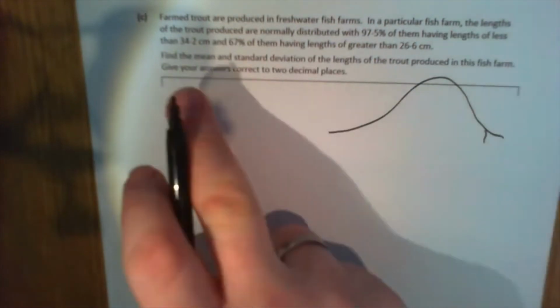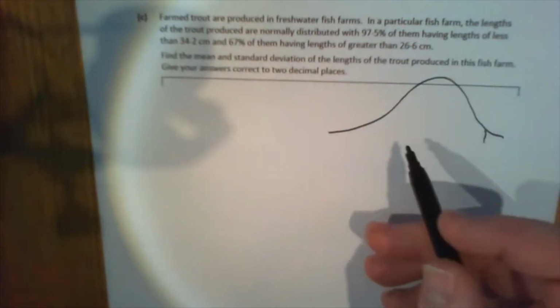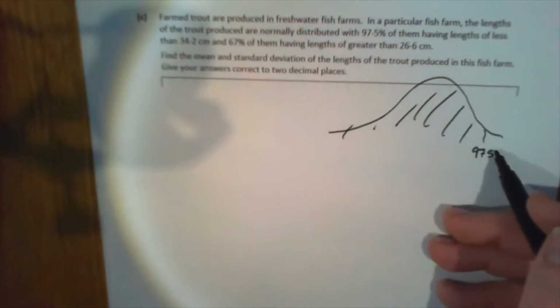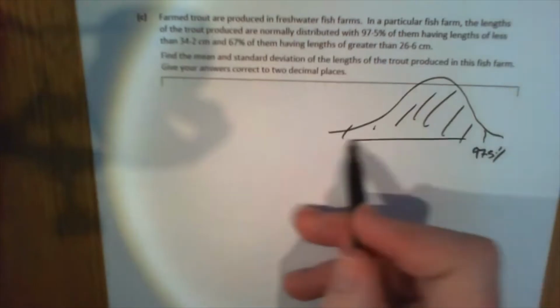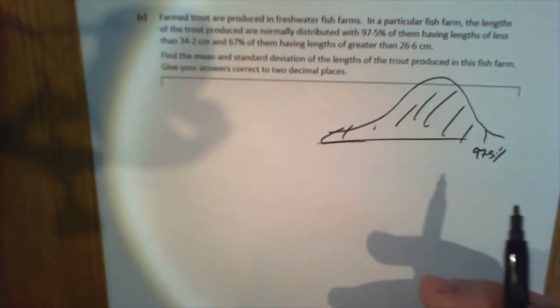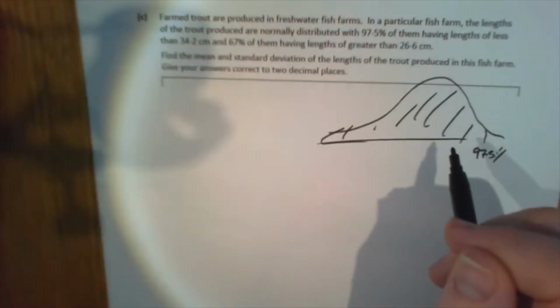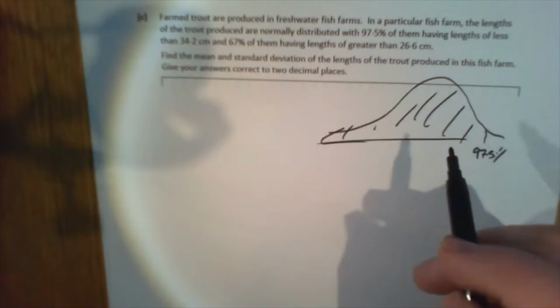Let's take this value here, the first one. So 97.5% of them are this way. Let's try and work that one out and put in what we can figure out. 67 is an important number, because 67 is 1.96, okay?